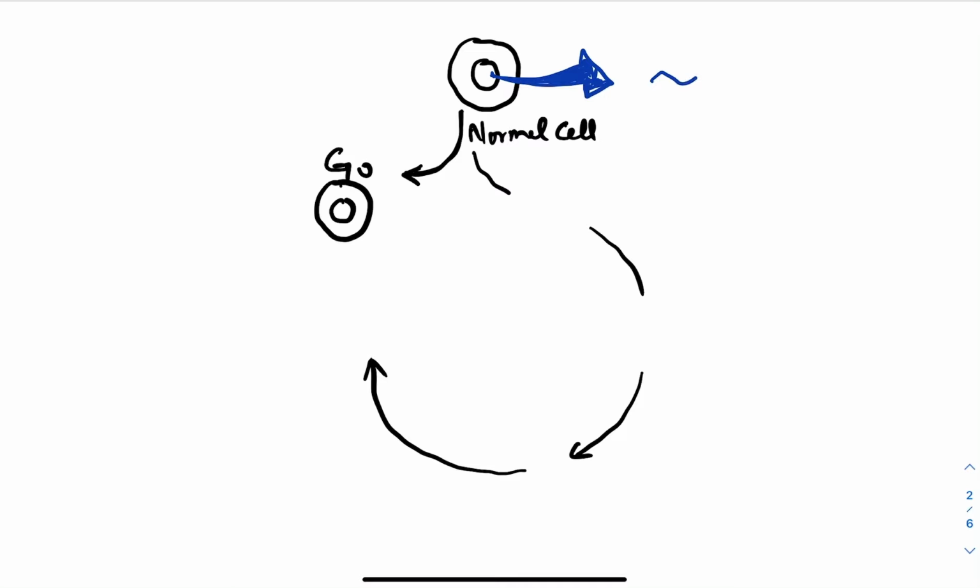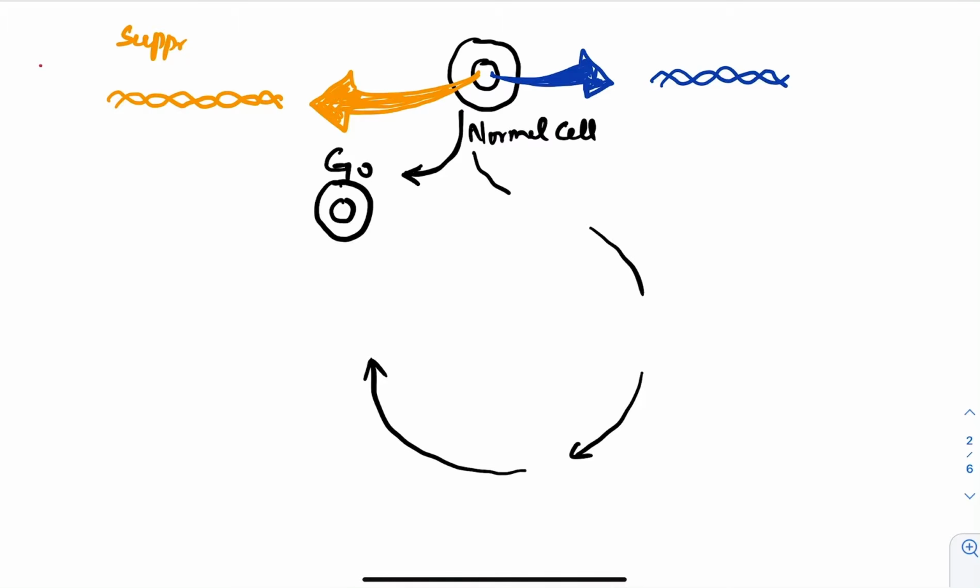One are the proto-oncogenes, or activator genes, and the others are suppressor genes.